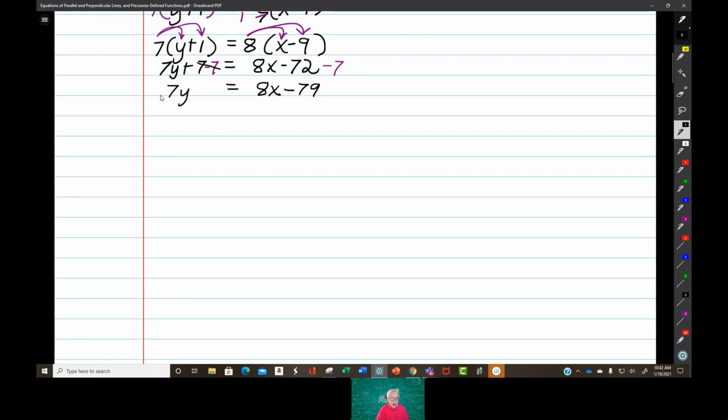Then I'll solve for y by dividing by 7. On the left, the 7's cancel, which is the whole reason for doing it.